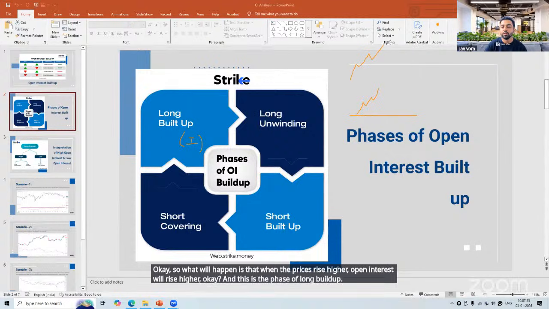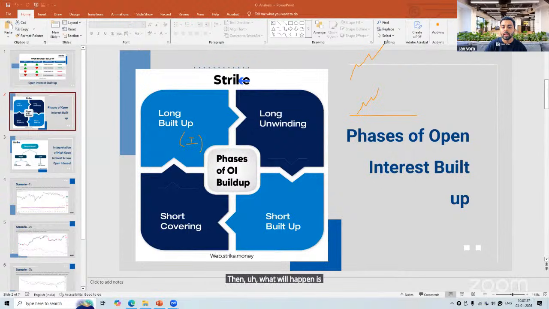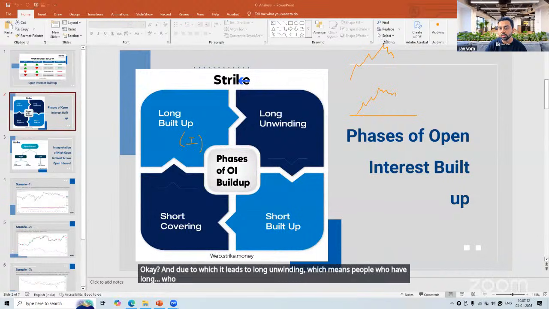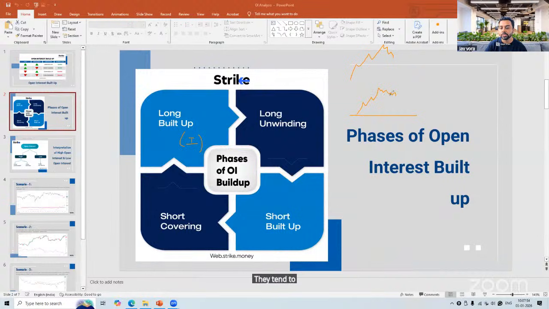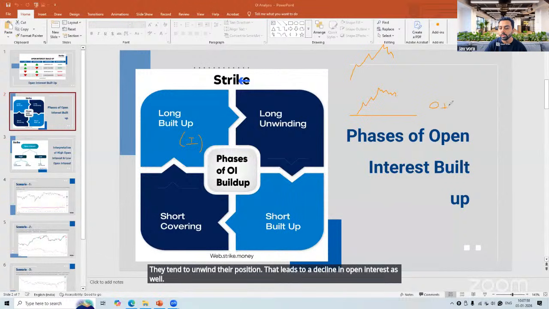Then what will happen is that as the prices decline, all the weak hands try to cut their position. Okay, and due to which it leads to long unwinding, which means people who have gone long over here tend to unwind their position. That leads to a decline in open interest as well. Okay, this is OI, this is price.